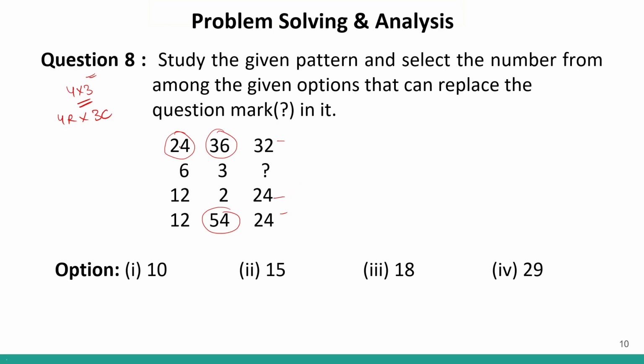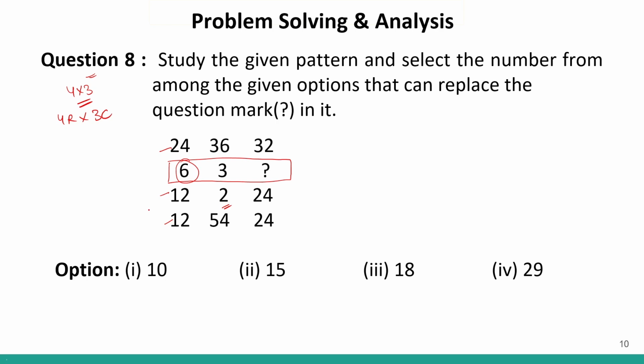But if I look at probably this row, it is significantly smaller than the other numbers. With the exception of 2, these numbers are significantly smaller than these 3 rows. So maybe I can assume that certain operations are being carried out on these elements to get this number.